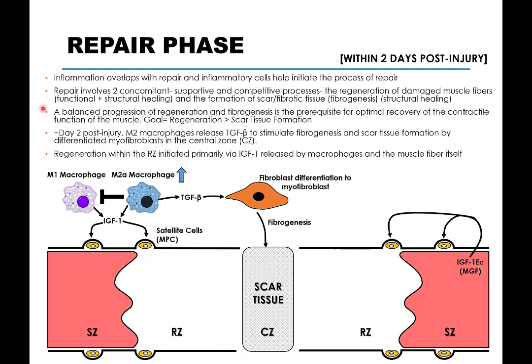However, fibrogenesis and regeneration are also competitive processes in that the ratio between these two processes can dictate the quality of healing. Obviously, the goal for optimal recovery is to have greater regeneration to scar tissue formation ratio, since we want to achieve both functional and structural healing through the reconstruction of muscle.